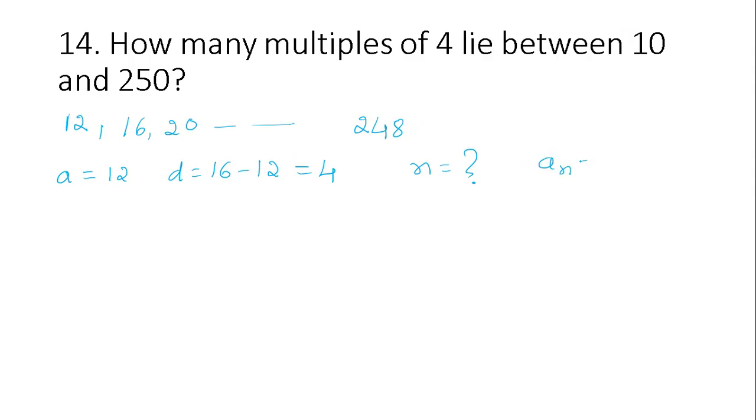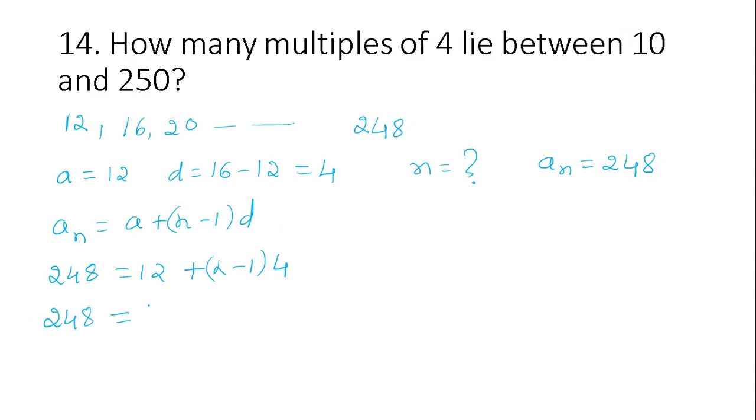And AN is equal to 248. We know that AN is equal to A plus N minus 1 into D. Here AN is 248 and A here 12 plus N minus 1, D here 4.